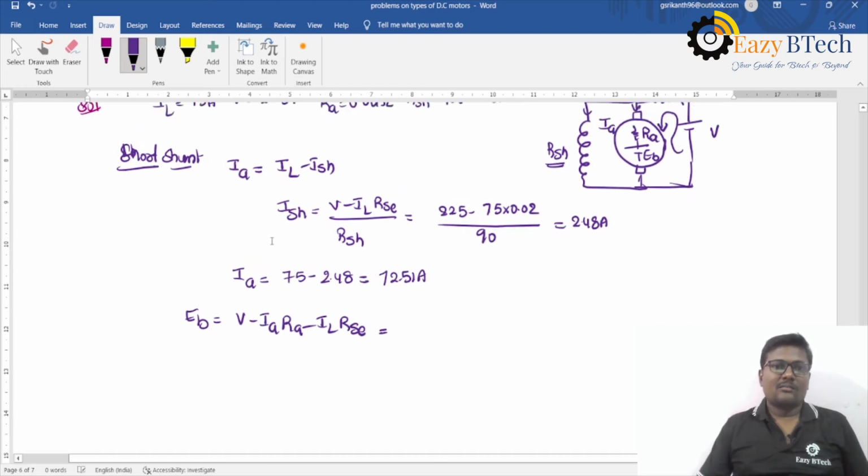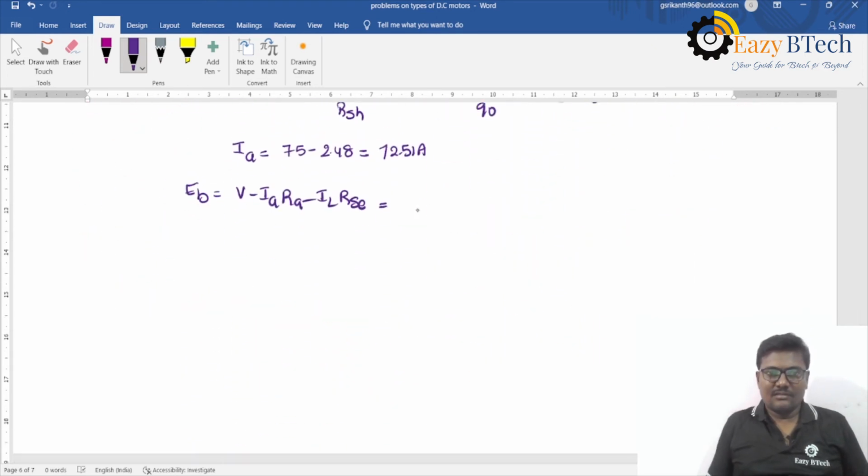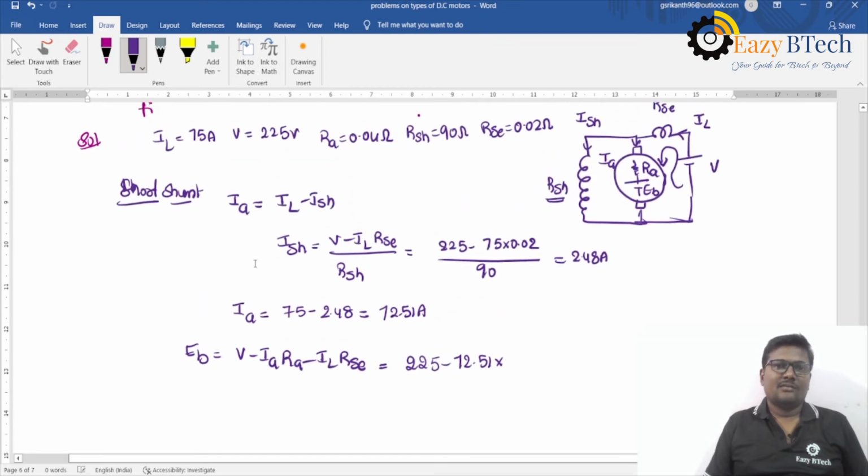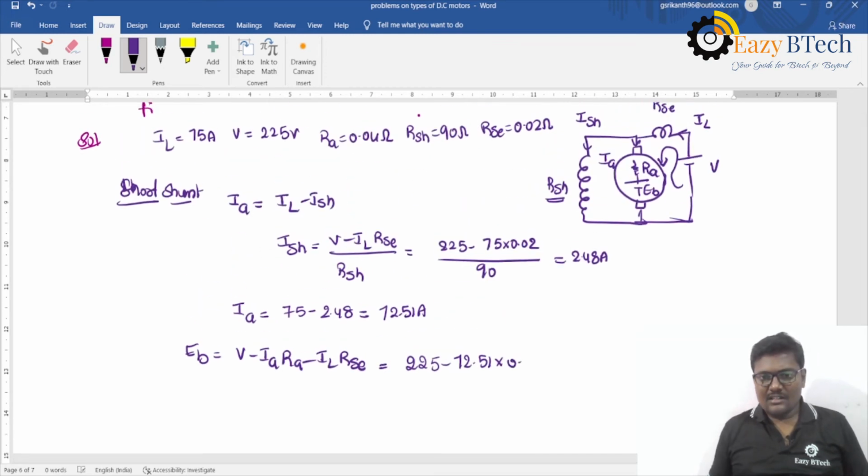Again the supply voltage is 225, IA is 72.51, the armature resistance is 0.04, the line current is 75 amperes. The RSC value is 0.02.